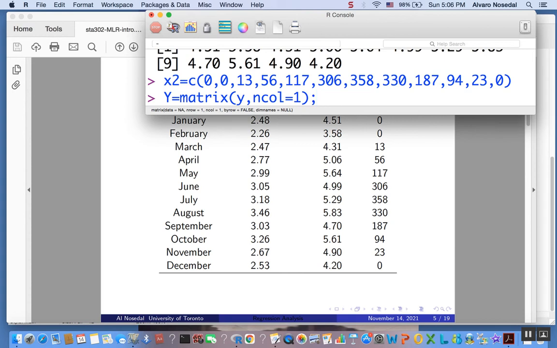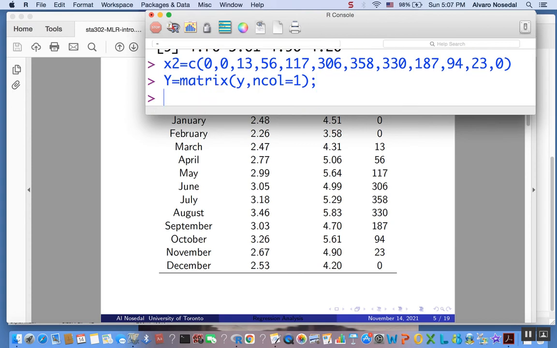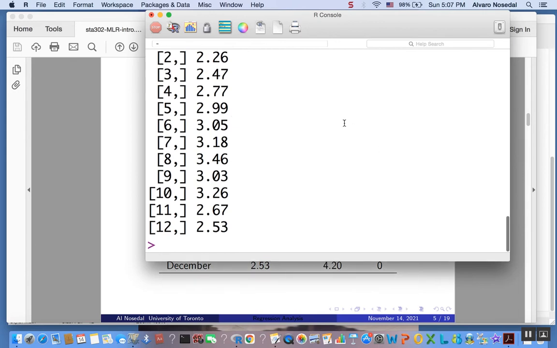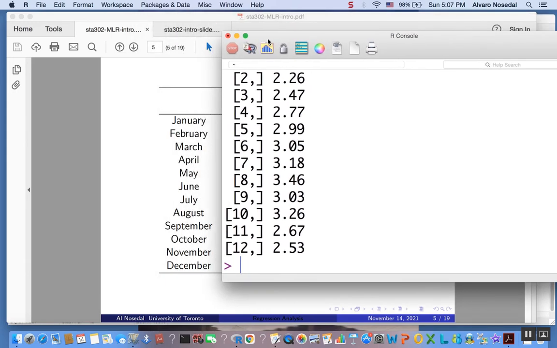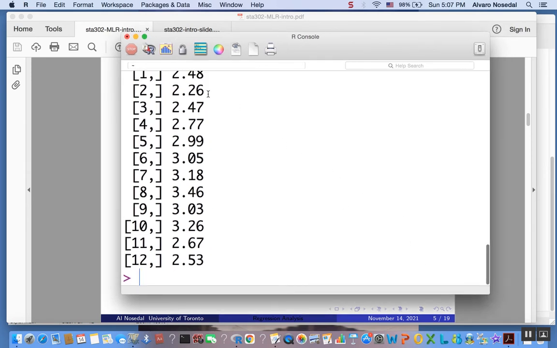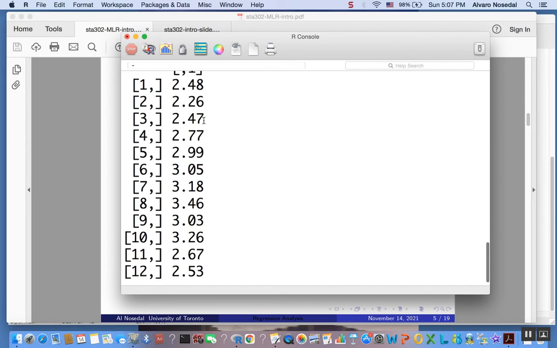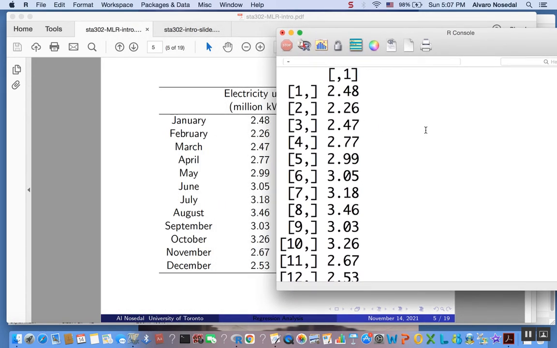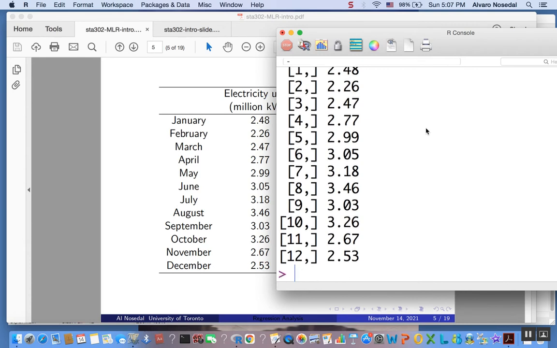Or a matrix with, in this case, 12 rows and 1 column. Okay. So looks fine. Okay. It is what we want, yeah.